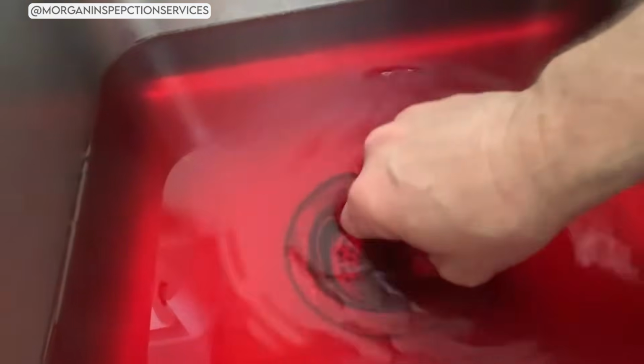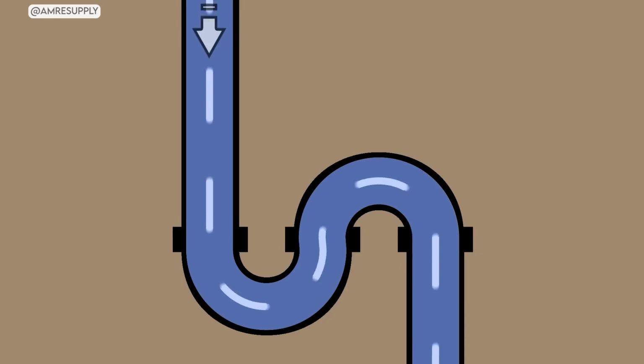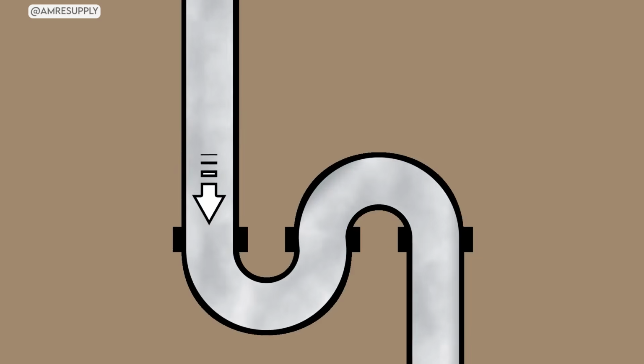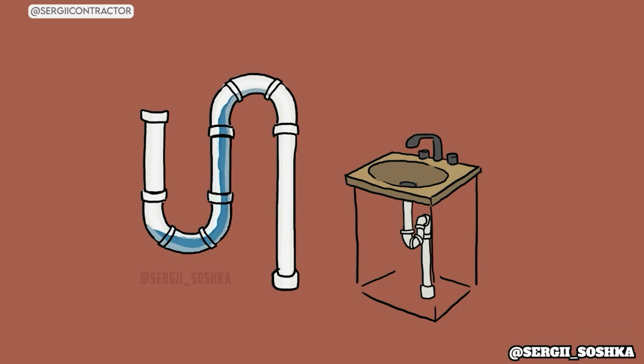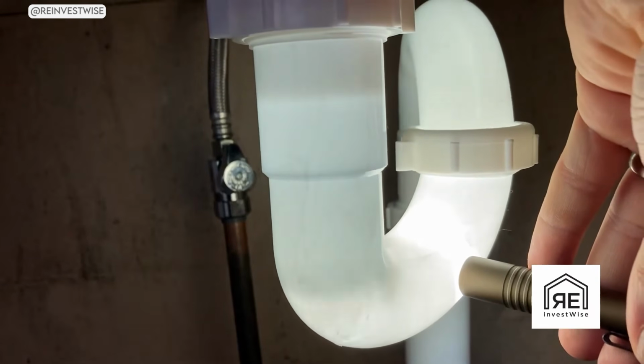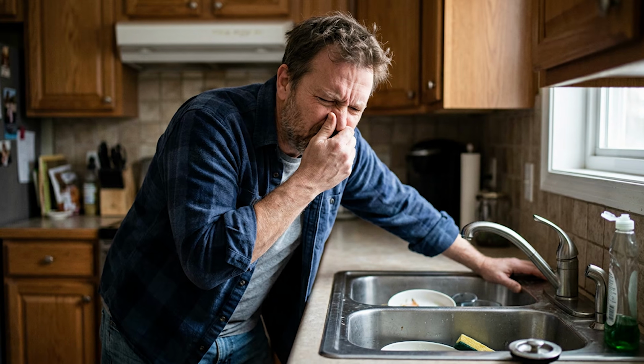A heavy flow of water, like filling a pot and dumping it down the drain, is usually enough to trigger a full siphon. And here is the part that makes it truly dangerous. You cannot hear it happen. You cannot see it happen. There's no alarm, no warning sign. The trap just quietly loses its seal, and the problems begin.